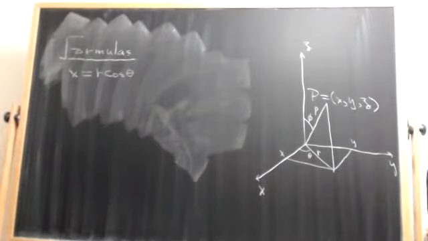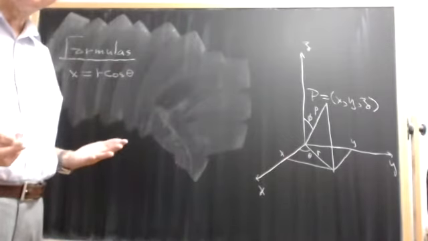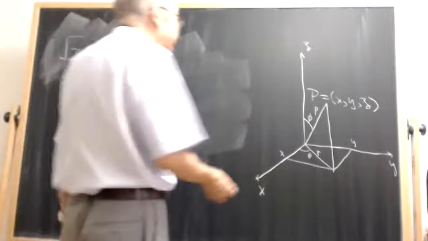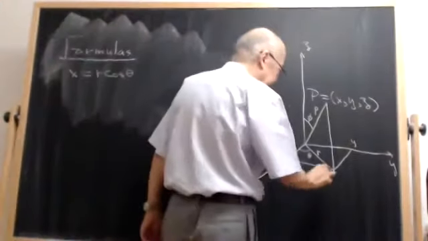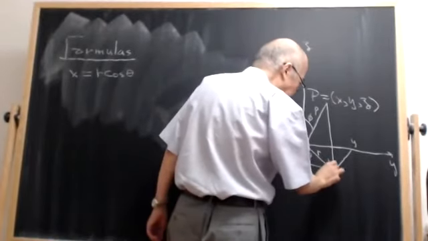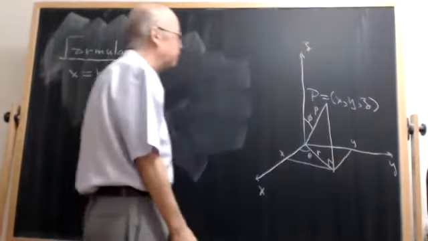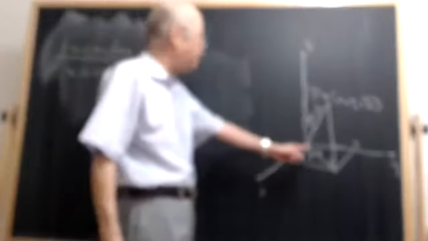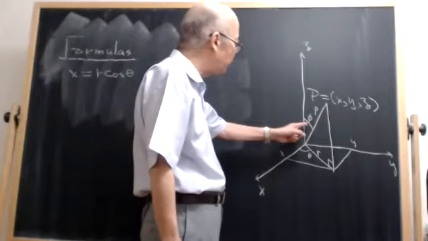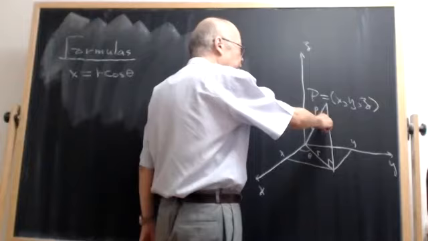But as I said, we are not so interested in R. So let's change it to rho. As I said, this is a right angle. So this R here is equal to what? If this angle is equal to phi, this angle is also equal to phi.